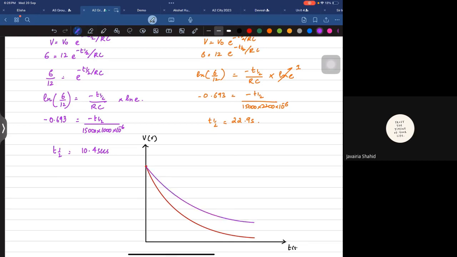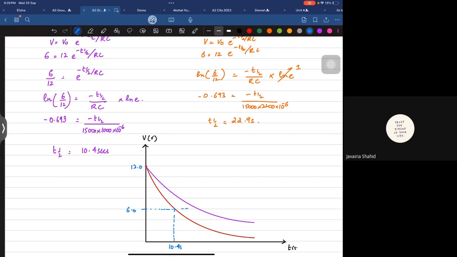We start off with the same voltage initially, and we're reaching 6. The one that reaches 6 in less time, which was 10.4 seconds, is this one.